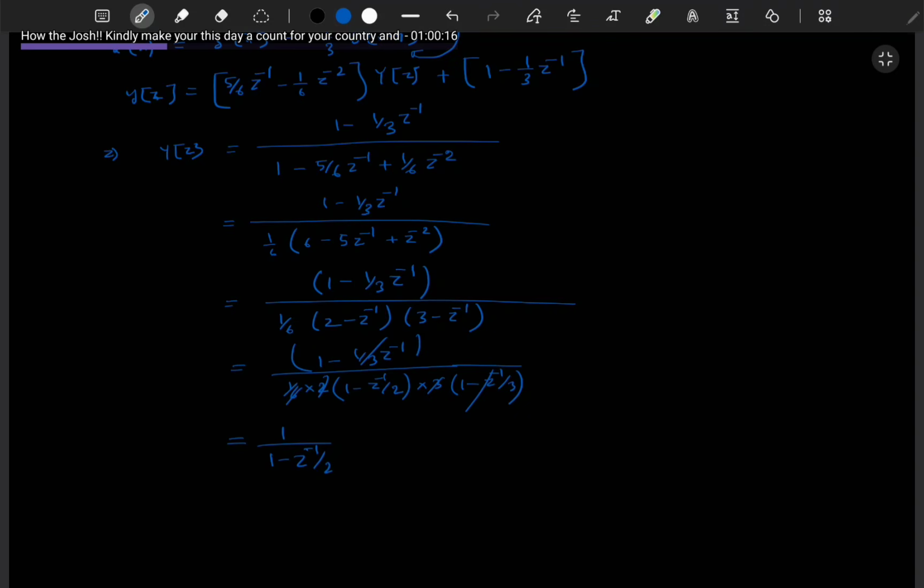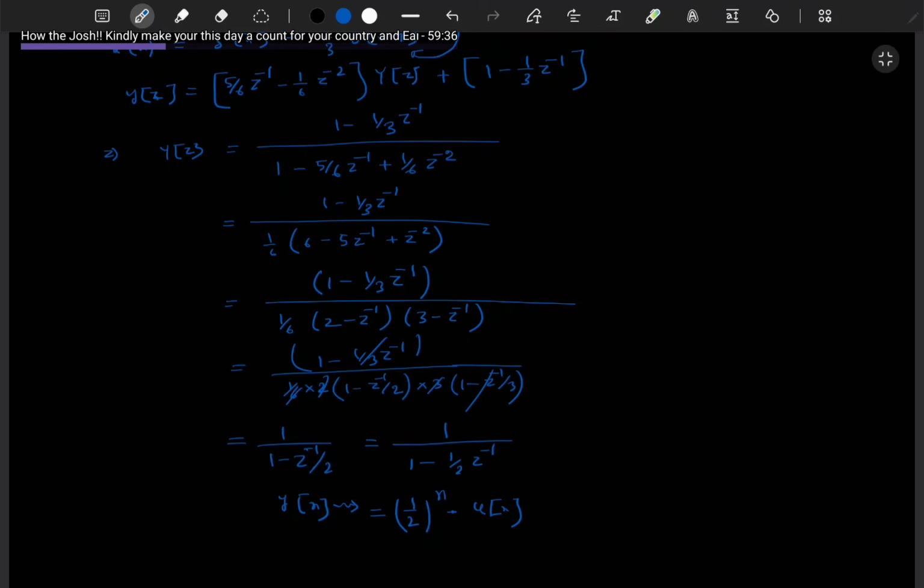So this we are getting, okay. It means 1 minus 1 by 2 z inverse, so it will be in the time domain, the impulse response. So the system is stable and causal.